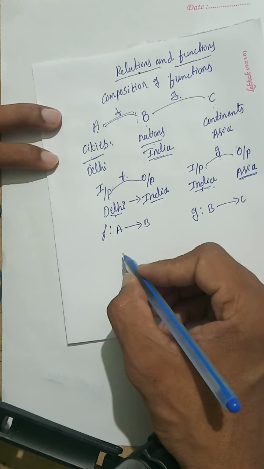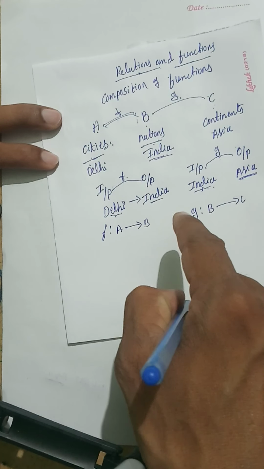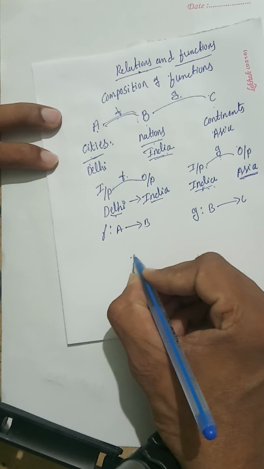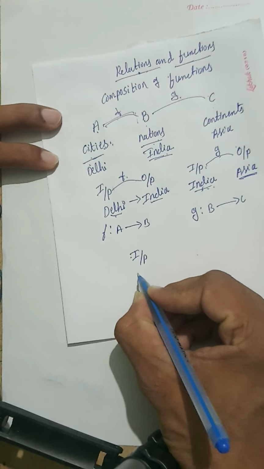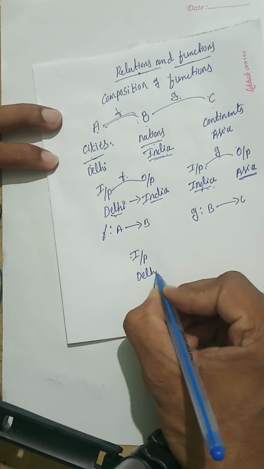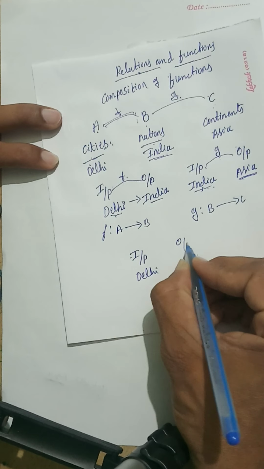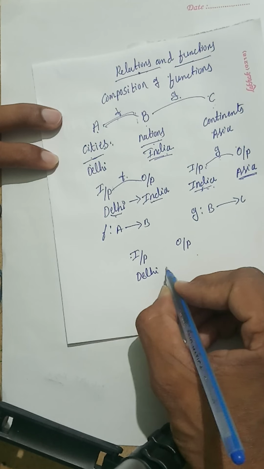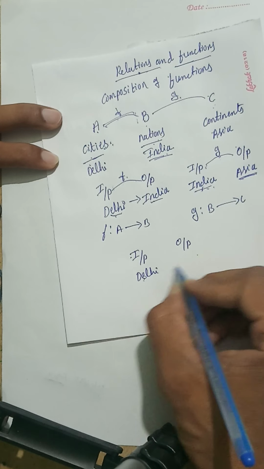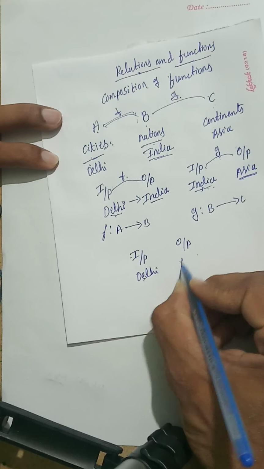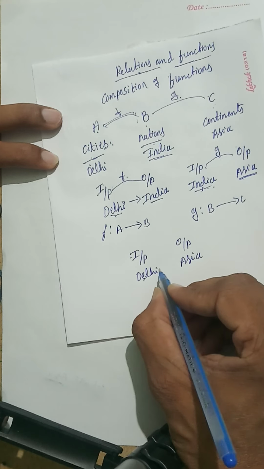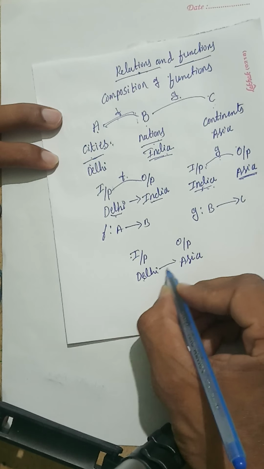Dear students, another possibility is there. What is that? If I enter the input Delhi, I will get the output directly as a continent. Delhi belongs to which continent? Asia. So I am getting directly Delhi to Asia.